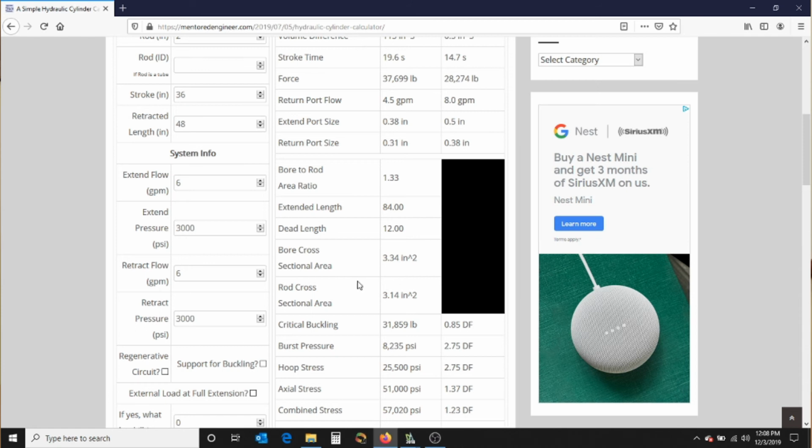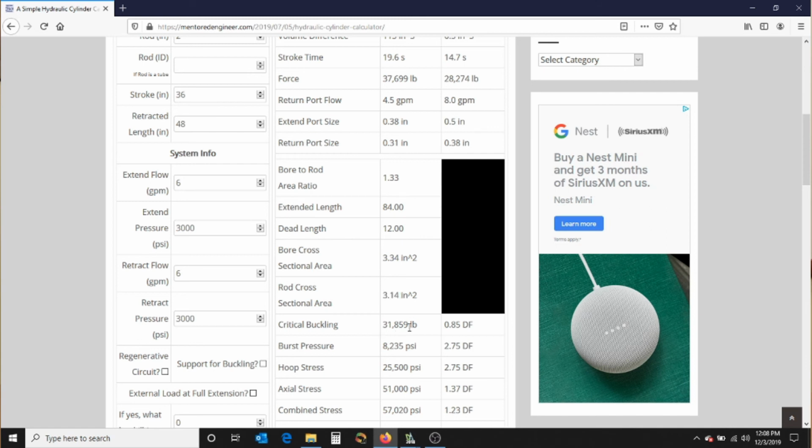All right, now we're going to get into structural components of the cylinder. We have our bore cross-sectional area, and that's the structural tube that is identified by the barrel OD and the bore diameter. And that gives us 3.34 inches squared. We have our rod cross-sectional area, and that's 3.14 inches squared.